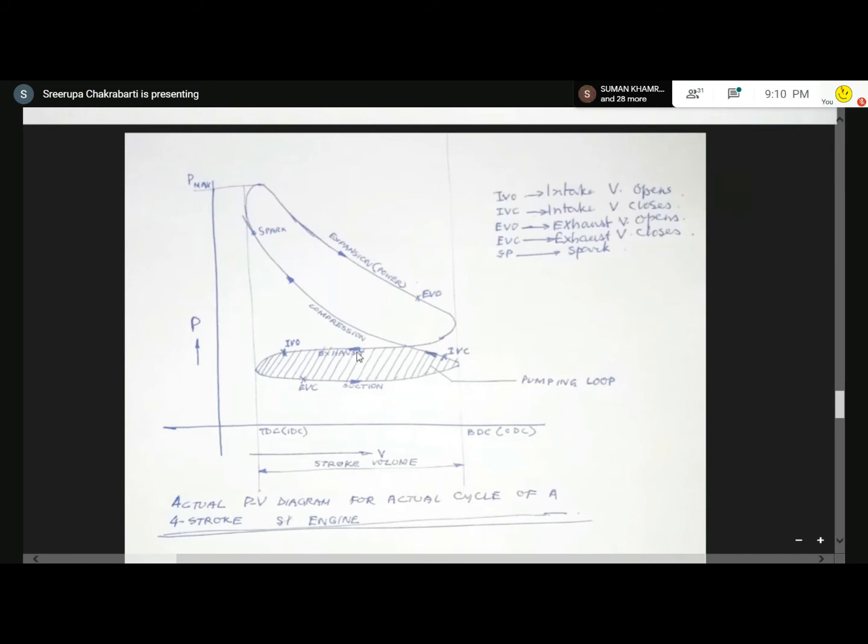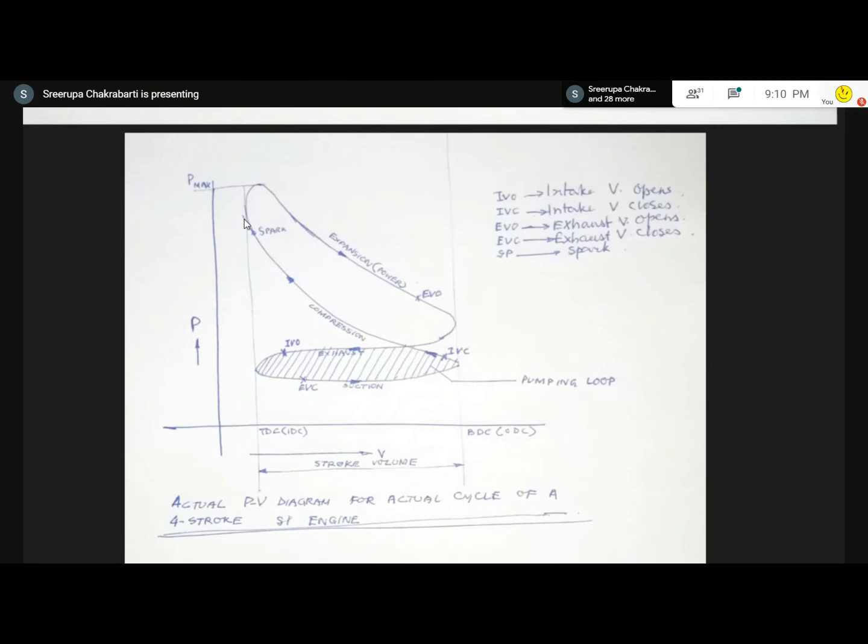After the suction is complete, the next stroke is compression. This is the curve of compression. The theoretical curve is reversible adiabatic in the Otto cycle, diesel cycle, dual cycle. But the actual curve is neither reversible nor adiabatic. It is an irreversible process.